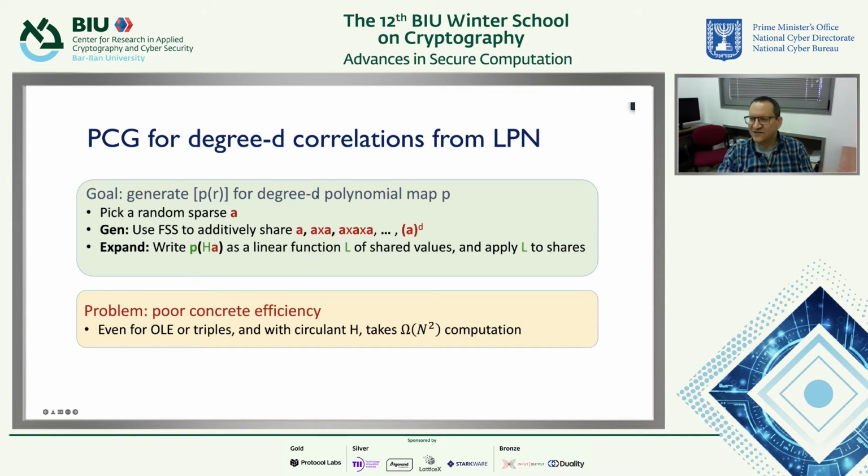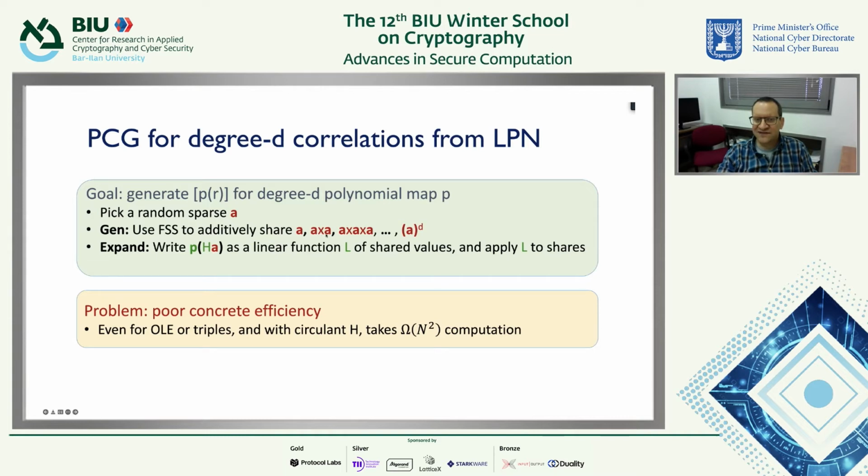So this gives a general construction under LPN where we want to generate additive shares of P of R, where P is some degree D polynomial map, and R is a bunch of random field elements. The construction follows along the same lines, except that instead of just doing a compressed secret sharing of a sparse vector A, we also generate compressed secret sharing of A tensored with A, tensored with A three times, and so on up to the degree D tensoring.